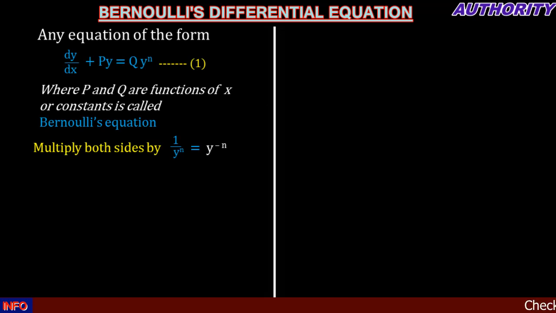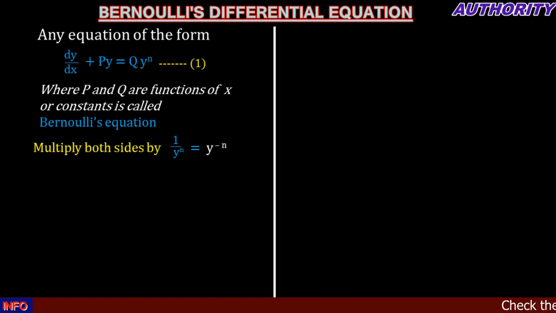Whatsoever you do to the right hand side, also do to the left. So that means we multiply both sides by 1 all over y raised to power n. And then you discover that this 1 all over y raised to power n is the same as y raised to power minus n. So we can say we multiply both sides by y raised to power minus n.